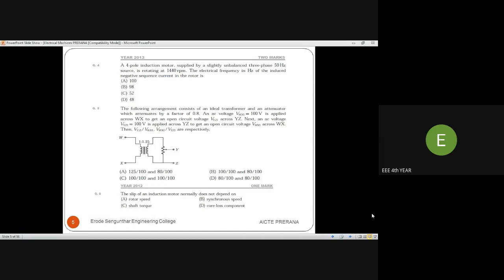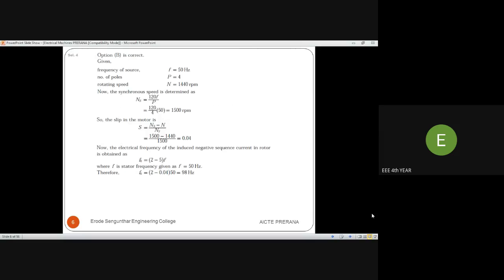Then VYZ1 divided by VWX1, and VWX2 divided by VYZ2, are respectively? In the diagram, W and X are the primary winding terminals, and Y and Z are the output of the secondary winding. The turns ratio is 1 to 1.25. There are four options.